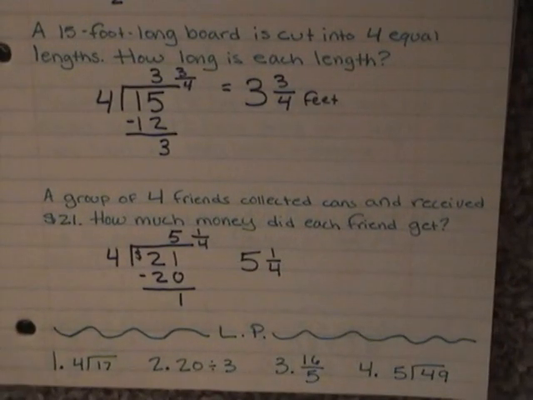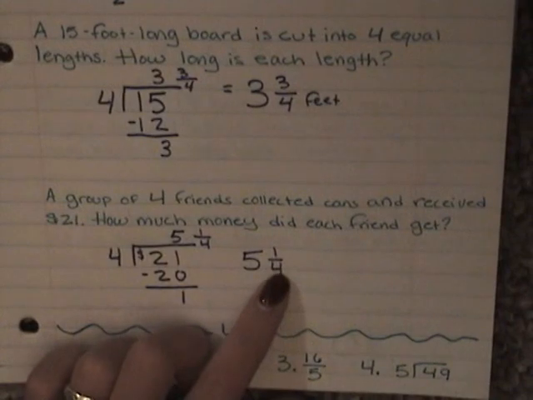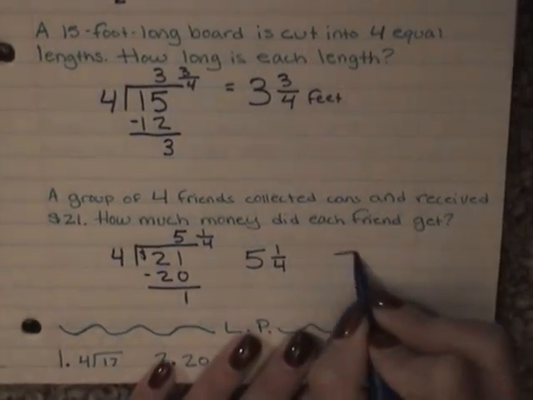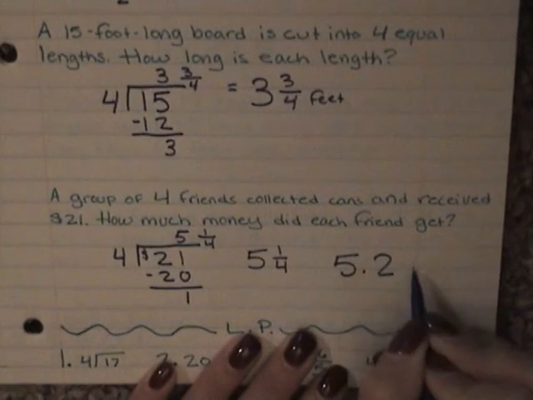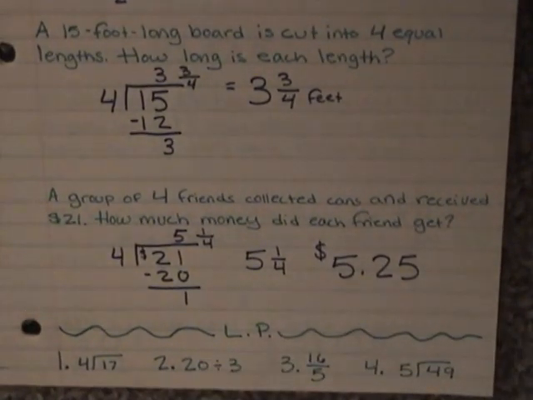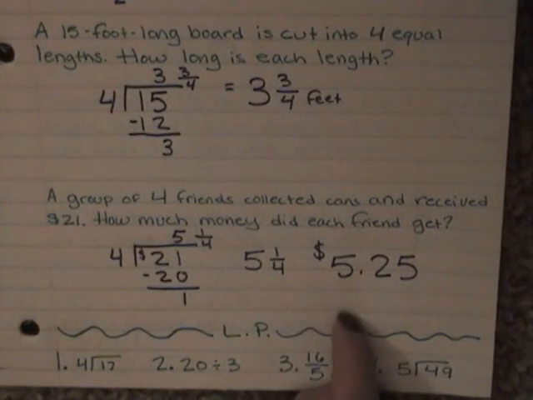Now, does this really work with money? Can you give someone $5 and 1/4? What can I turn my 1/4 into? What coin can be a fourth of a dollar? If you wrote $5.25, you are correct. Now, why does that work? Because 4 quarters make up a dollar.